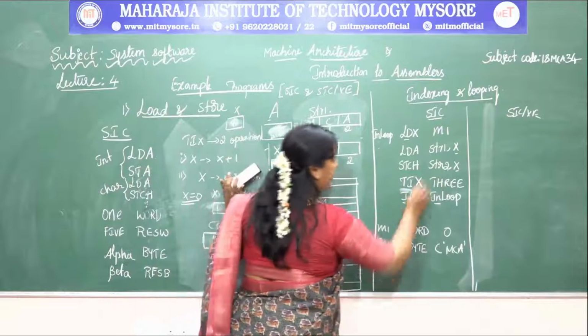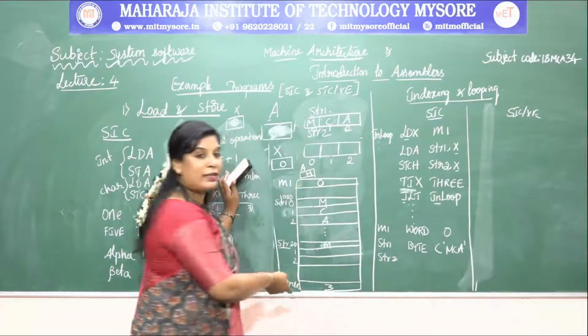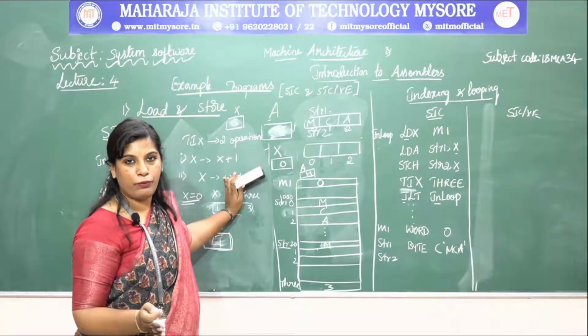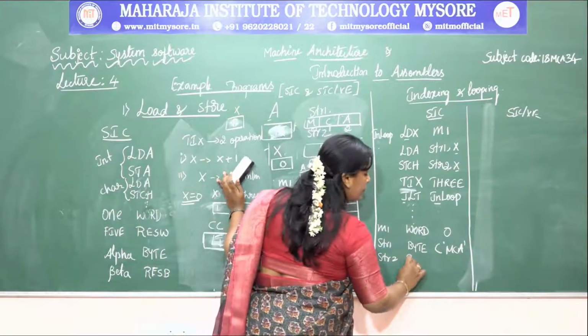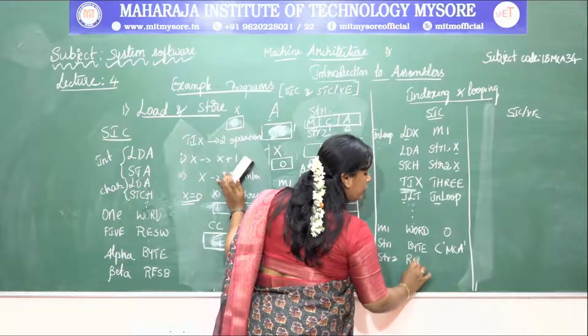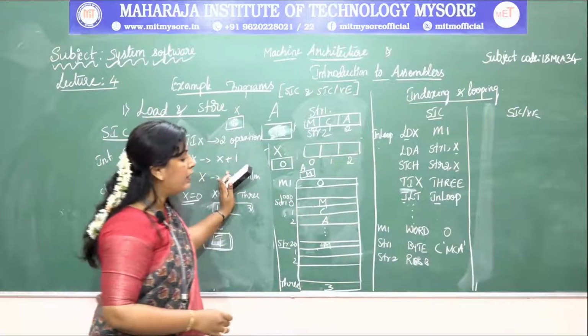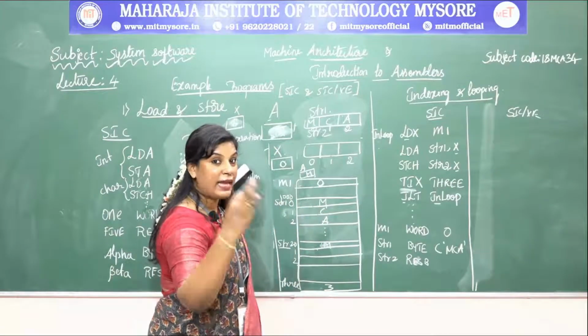After that, string 2 initially doesn't have any value; we simply move the string 1 value to string 2. So in this case we use the reserve byte assembler directive. How many bytes are we reserving? 3 bytes, because we are moving 3 characters here.